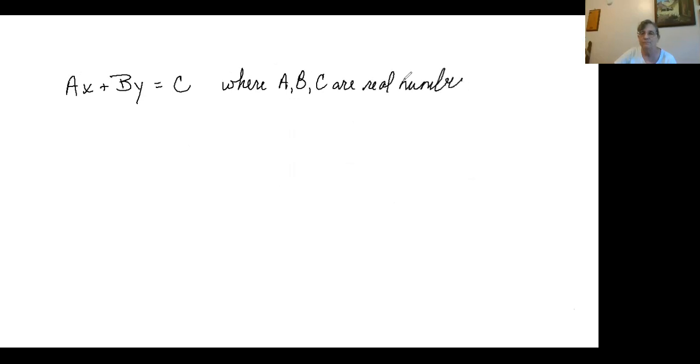Any equation in the form ax plus by equals c, where a, b, and c are real numbers, is going to be a line.